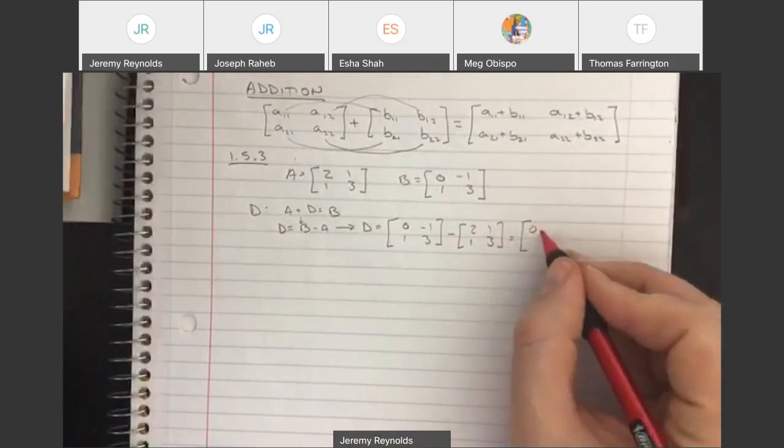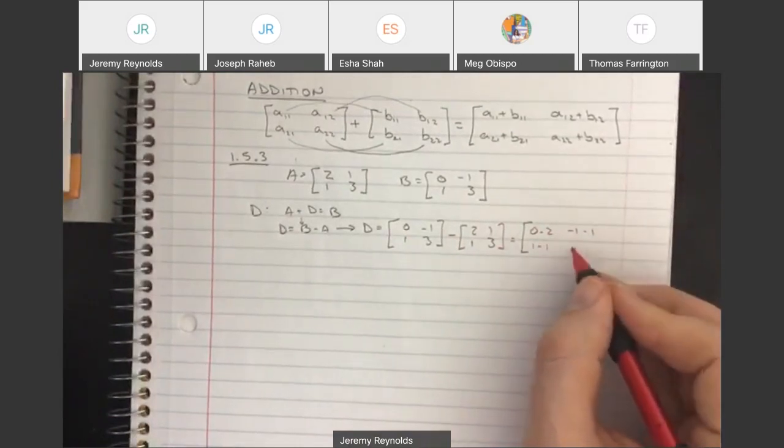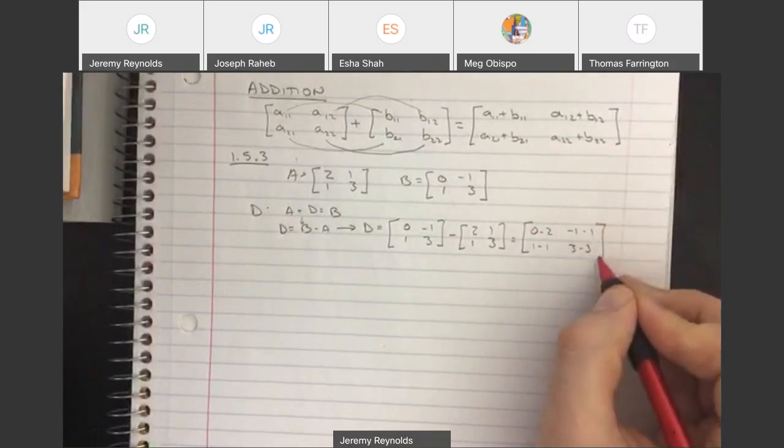And that's just going to equal 0 minus 2, negative 1 minus 1, 1 minus 1, and 3 minus 3.